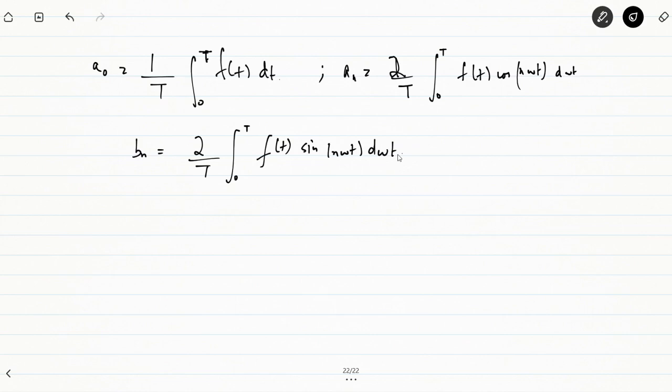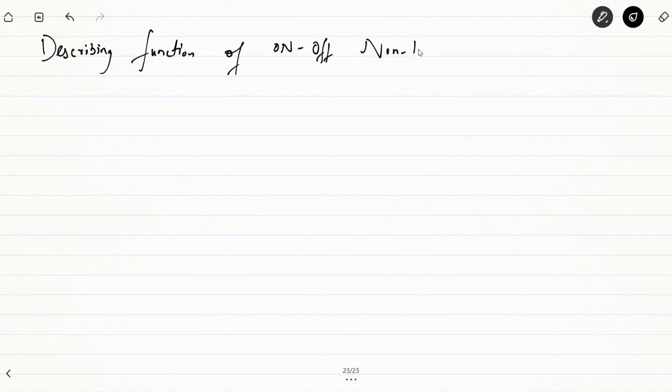So now we'll be going to finding out the describing function for various nonlinear elements. So let's start with the describing function of an on-off nonlinearity.